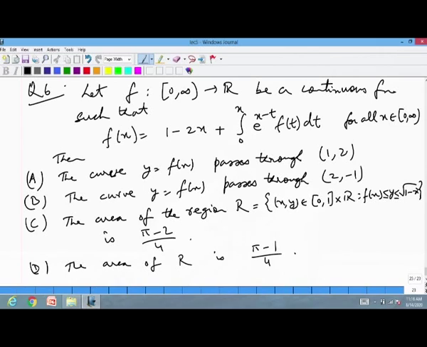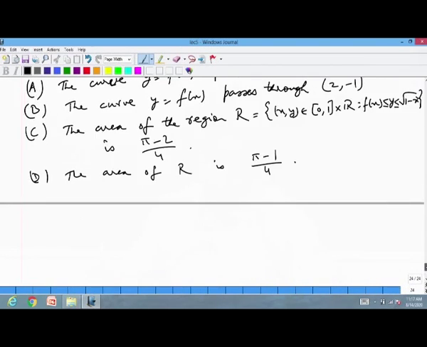So, in this case we are given a function f which satisfies this given equation. Here if we see, we do not have a differential equation. So, what we are given is f(x) is equal to 1 minus 2x plus integral 0 to x e to the power (x minus t) f(t) dt.